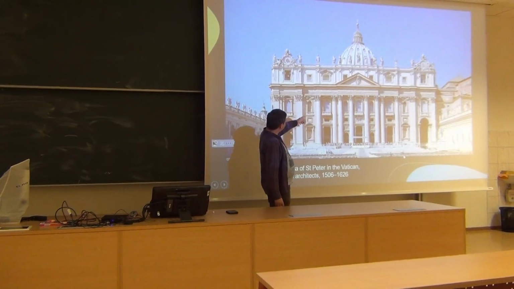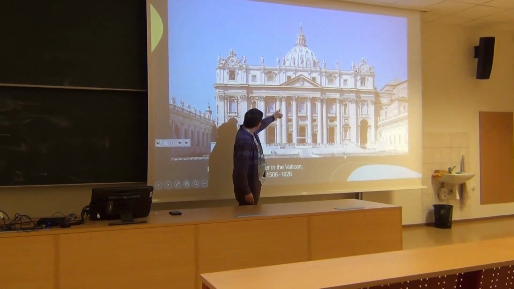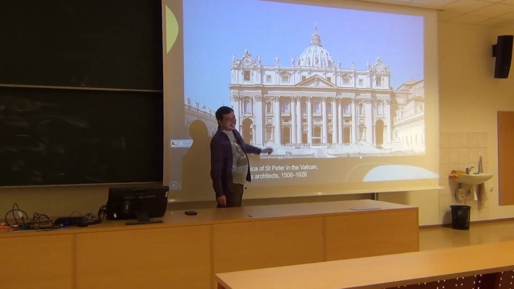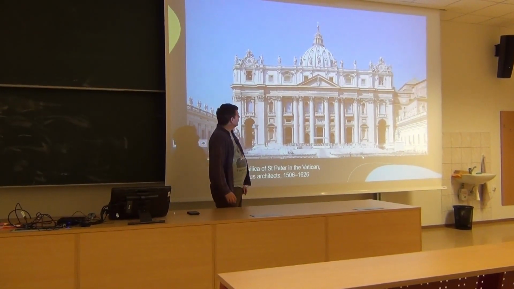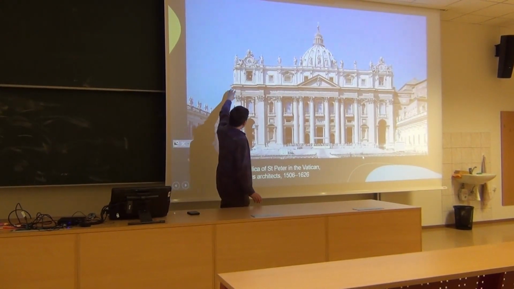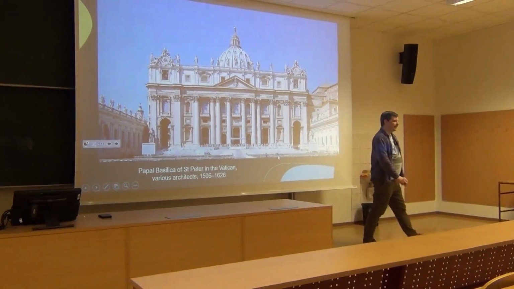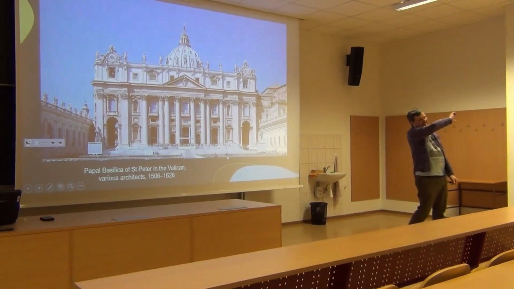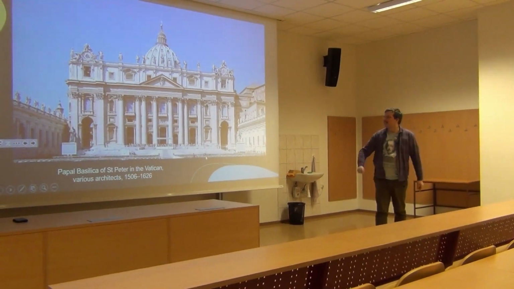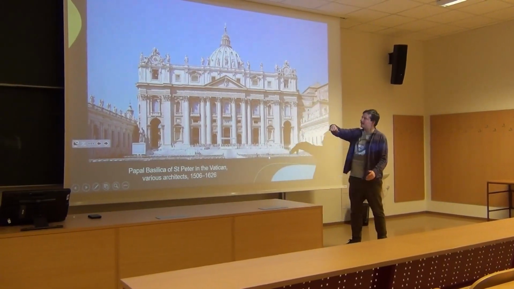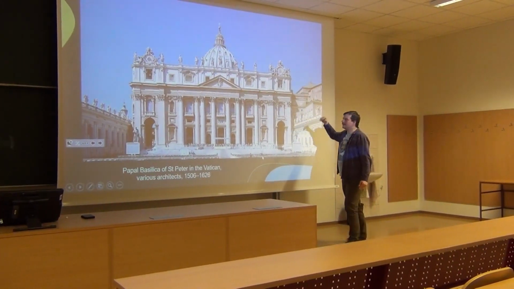You have the columns, and here are pilasters. These are not columns at all, but they are there just for fun. Lintel, you wouldn't see anything like that in Gothic style. Some horizontal line, just like that. And anyway, the whole building is not spiky, but more horizontal.